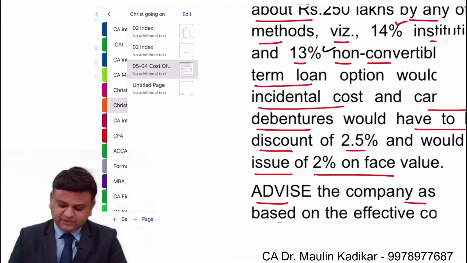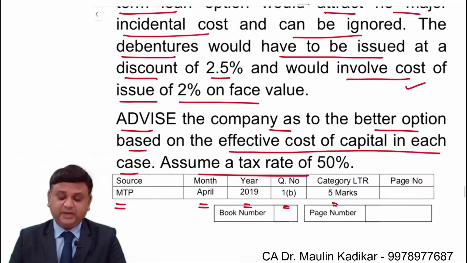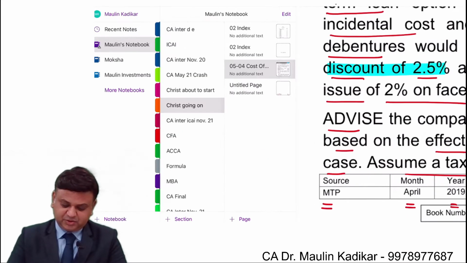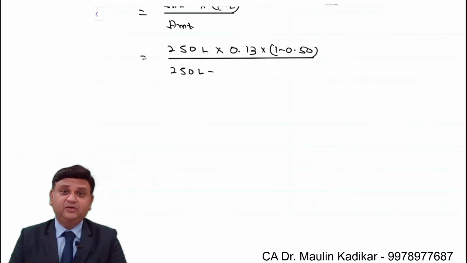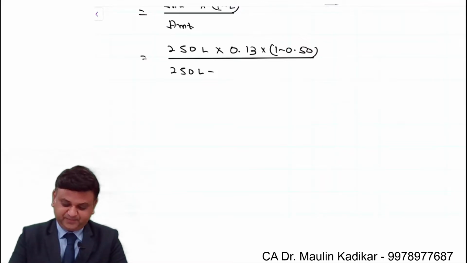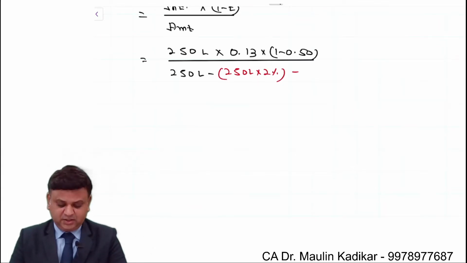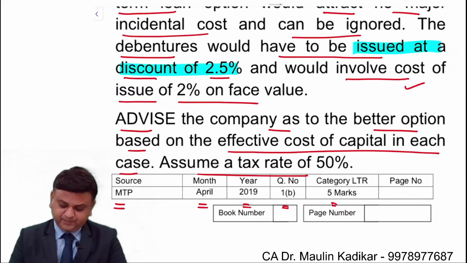What we can observe, friends, is that the question clearly provides that it will be issued at a discount of 2.5%. So the amount received will be reduced to that extent. The discount will be calculated on the amount of issue.